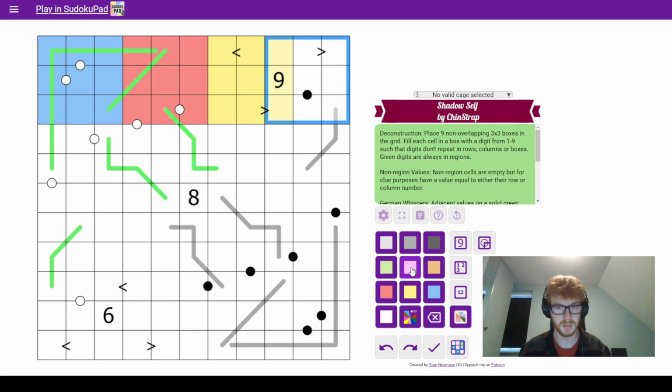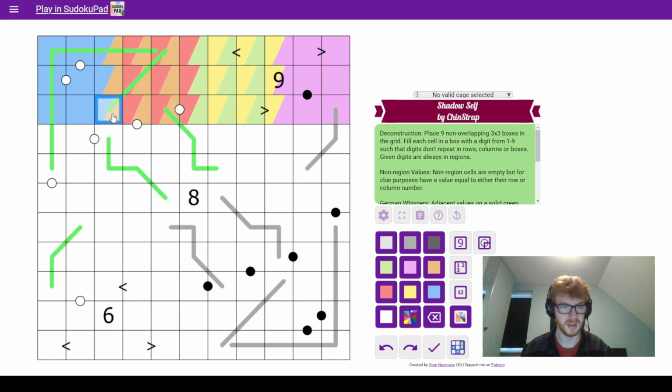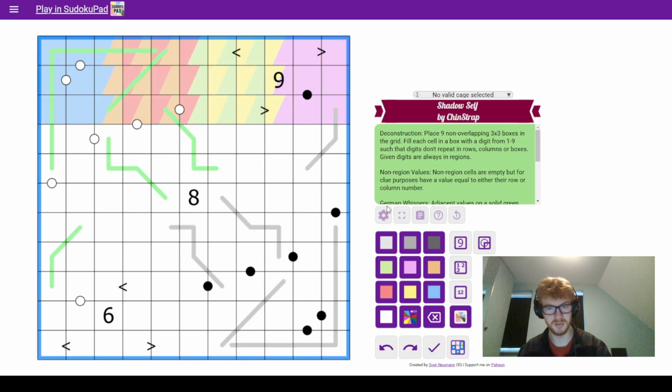So that becomes purple, that becomes green, that becomes orange. And what we can see is that in the row, these three cells are always in the red green cage, or in this case the yellow purple cage, and in this case the orange blue cage.